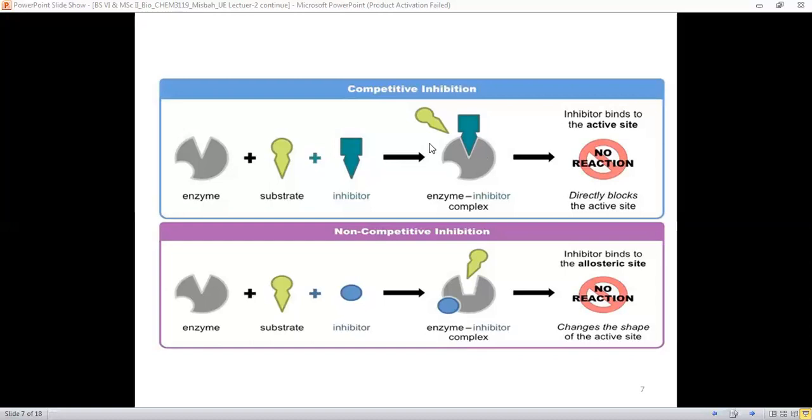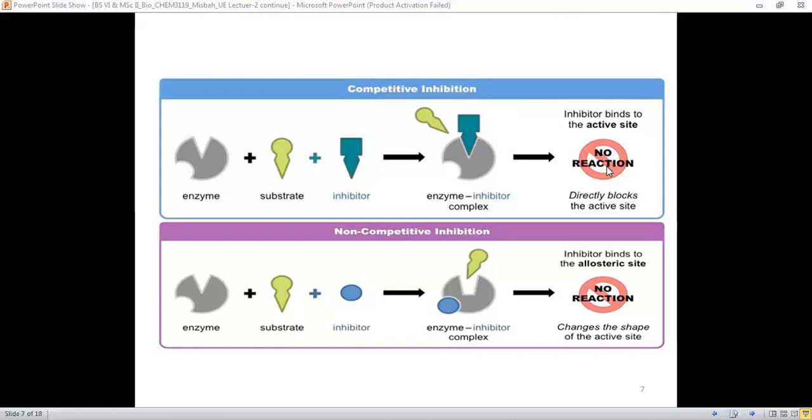It will remain outside in the vicinity of the active site, and the active site is blocked or occupied by the inhibitor. Therefore, when the inhibitor binds with the active site of the enzyme, there will be no reaction.